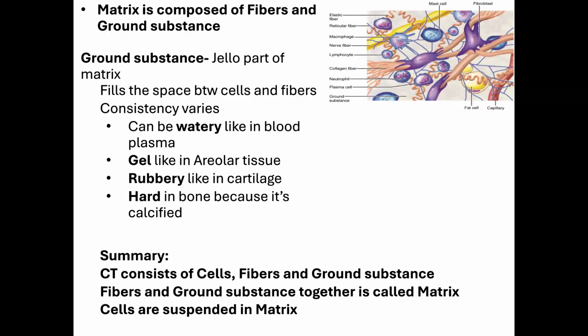Where do you see watery ground substance? Blood, exactly. In areolar tissue, which you probably saw in your lab, that is where the ground substance is like a gel. In cartilage, the ground substance is rubbery. In bone, it's hard. Bone is connective tissue. It's simply because the matrix is hard.